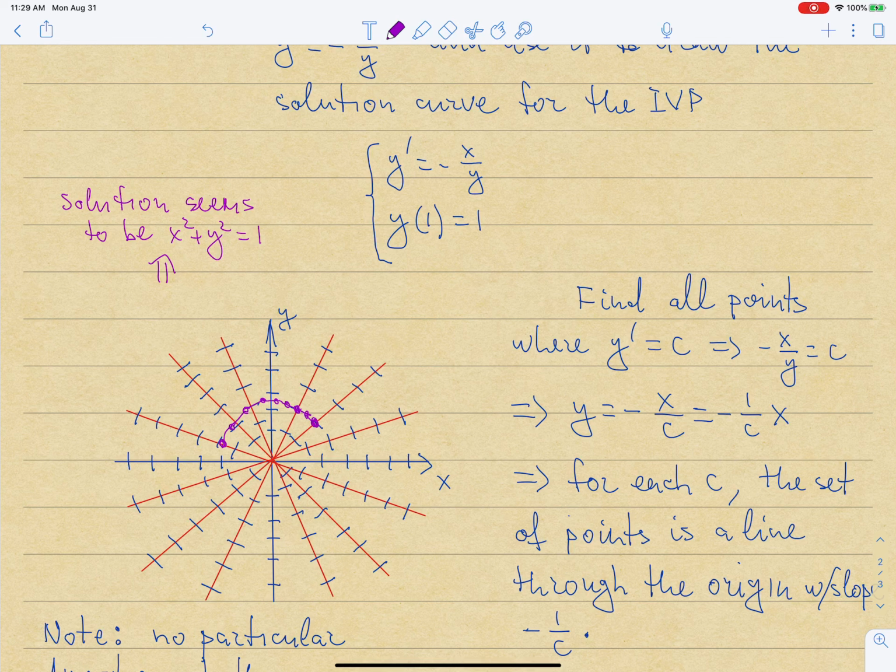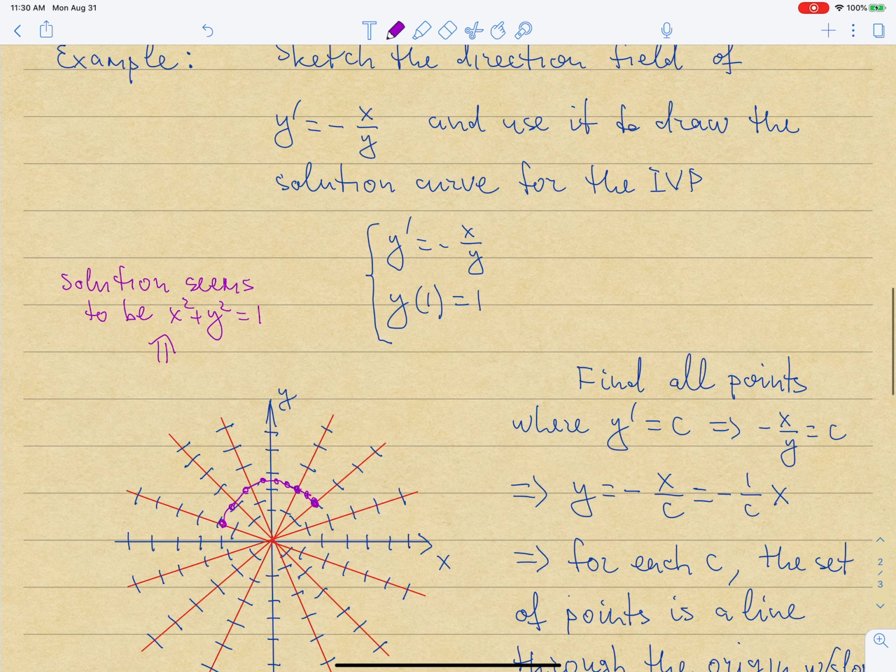So can we verify whether this is true or not? If I'm assuming that this is true, then I can always check, right? How do I check? I need to substitute this function into my equation. And this function specifies y of x implicitly, like we discussed. So let me continue here. So check.